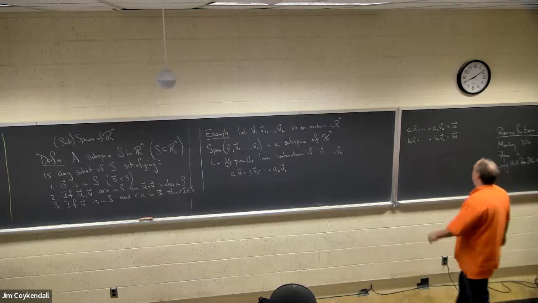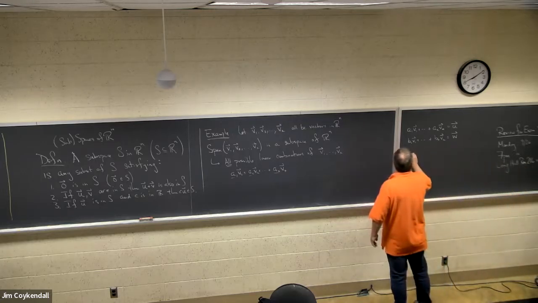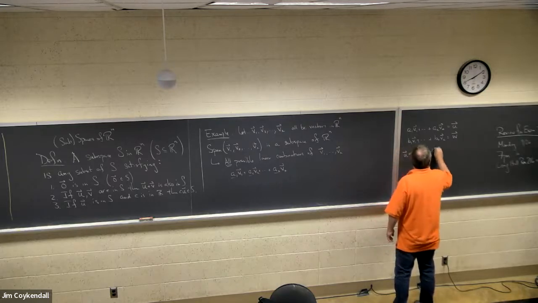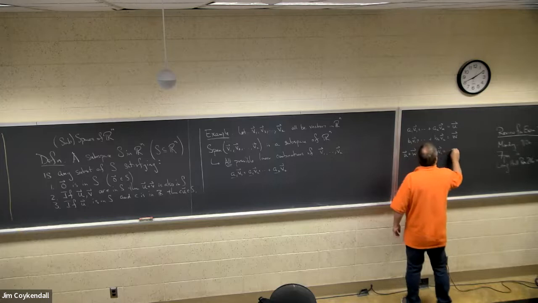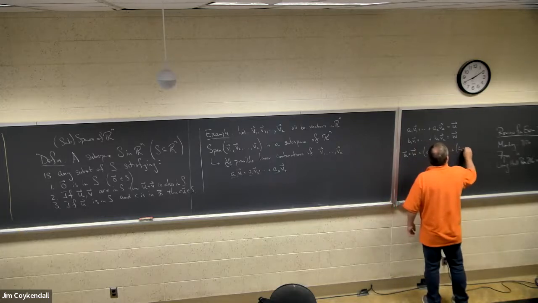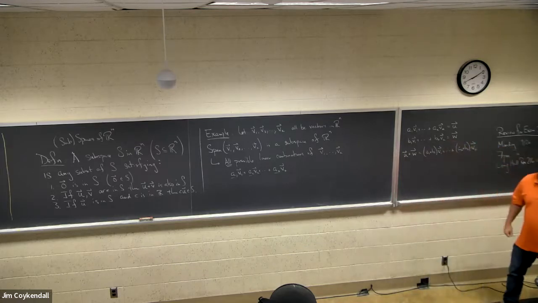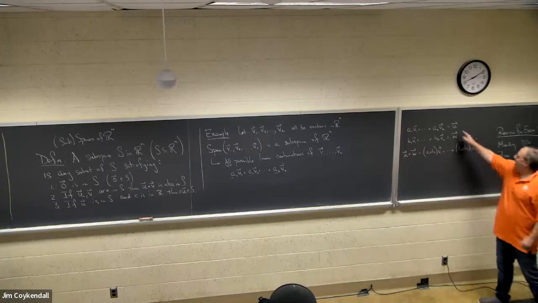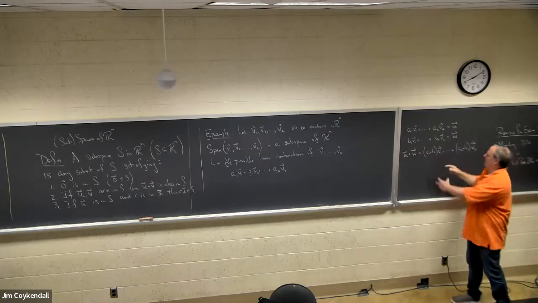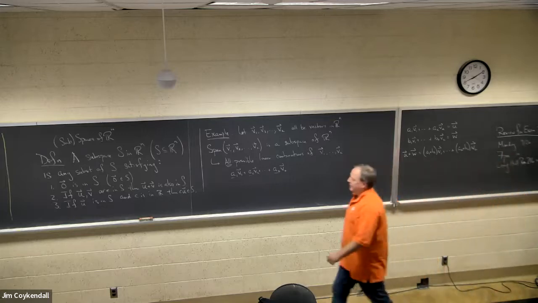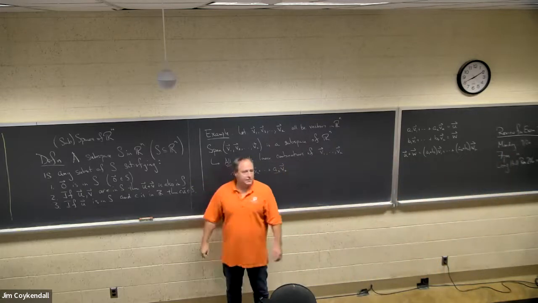What is U plus W? So when I added two of them, I just get another linear combination, right?